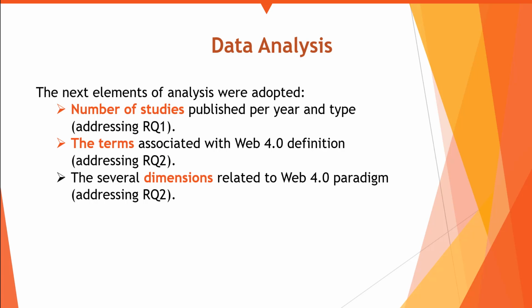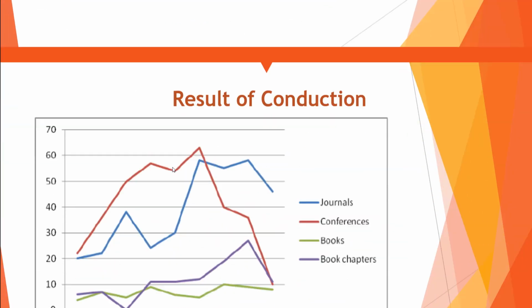And the next one is the terms associated with the Web 4.0 definition, which will address research question two. And the last one is the several dimensions related to the Web 4.0 paradigms, addressing research question three.